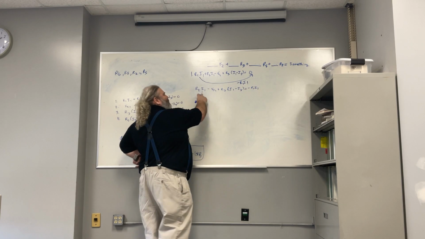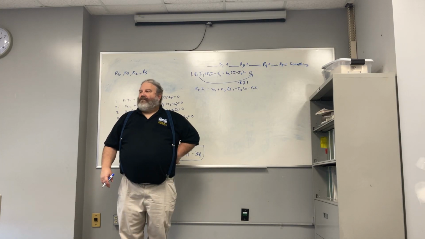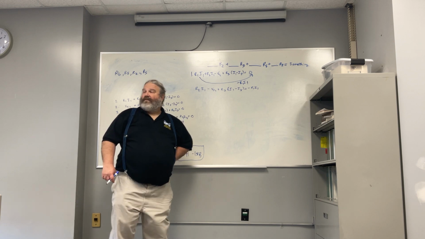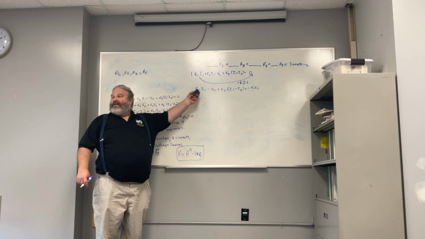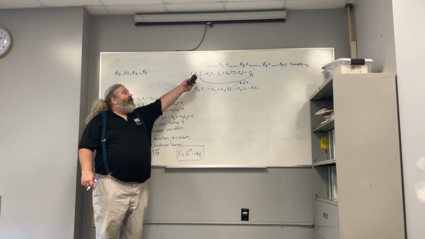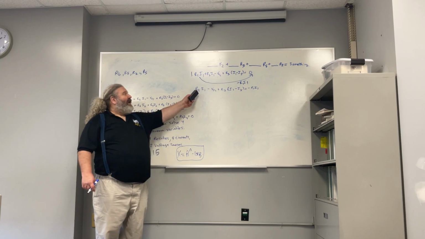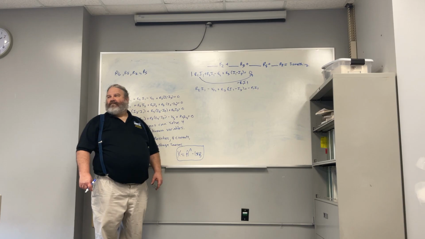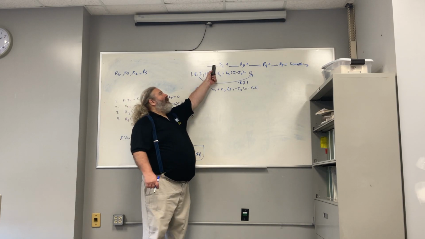What about this? Does that have an unknown? Rico, does that have an unknown? What are the unknowns, Rico? R2. Oh, yes. Okay, so what do I need to write this as, Rico? It has to be like that, right?